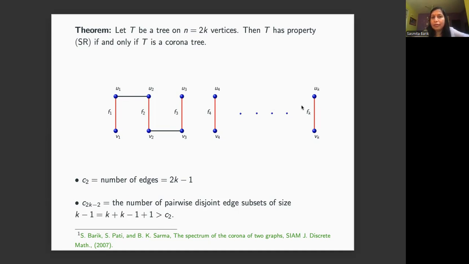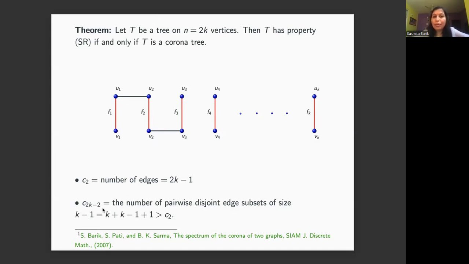I have drawn the k matching edges here, and I also have a situation like this where two vertices are without pendant vertices. Now I'll count the numbers. C2 is the number of edges, so that will be exactly 2k minus 1.